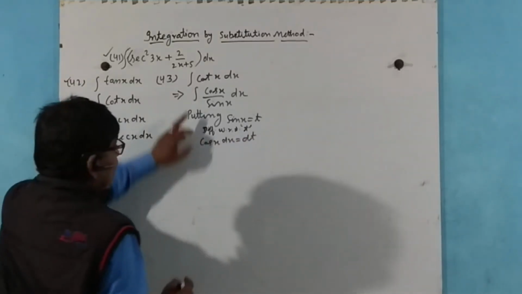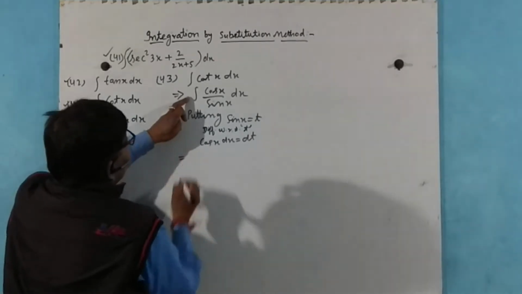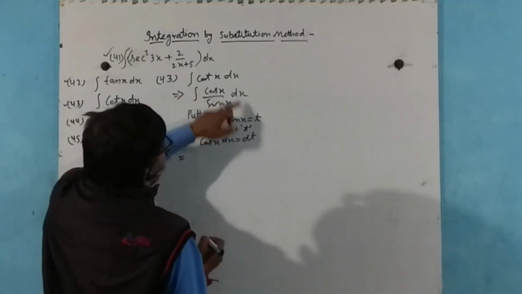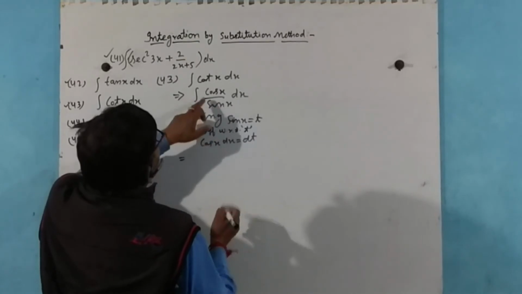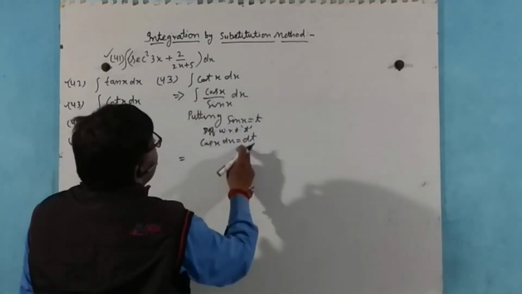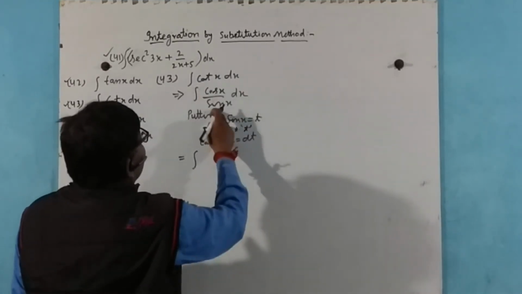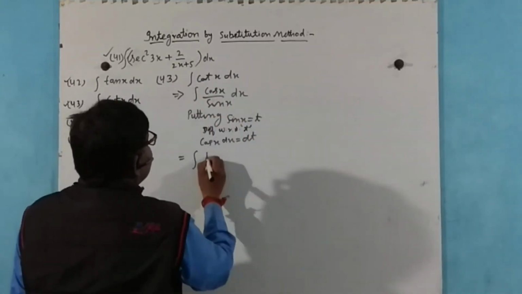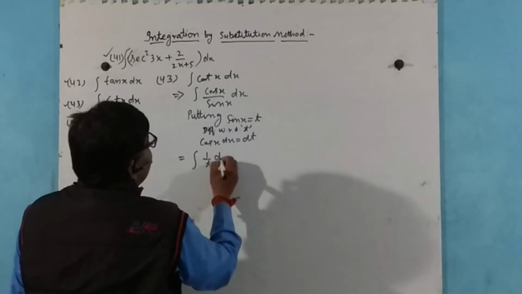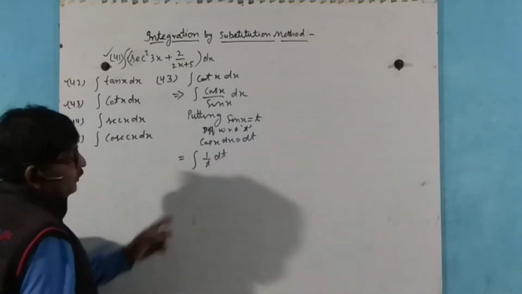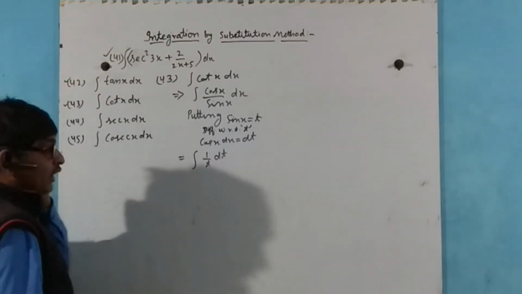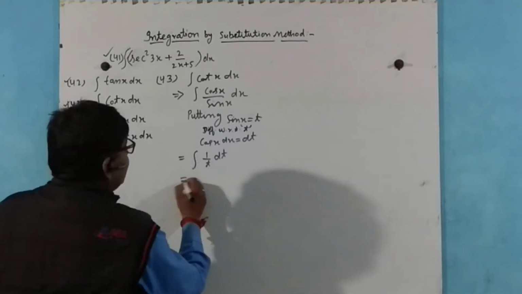Now putting this in the question, cos x dx equal to dt, integration of 1 by sin x equal to 1 by t and dt. Now integration of 1 by t dt is log t.